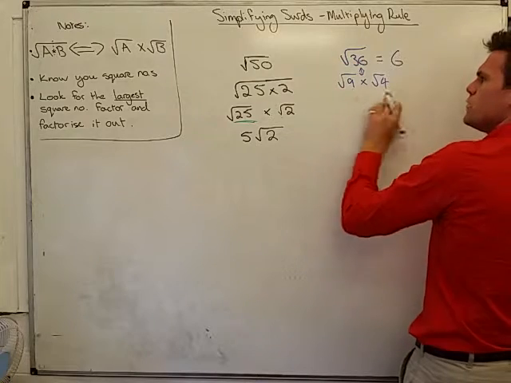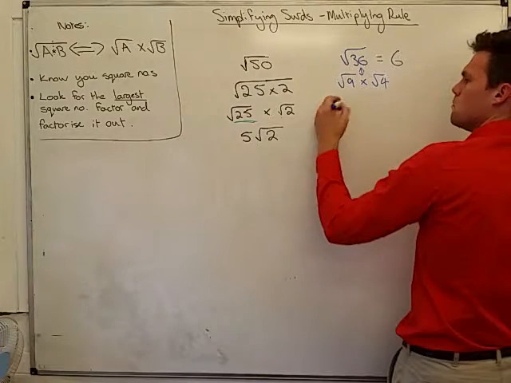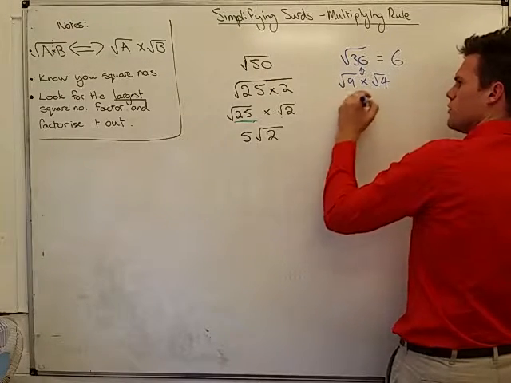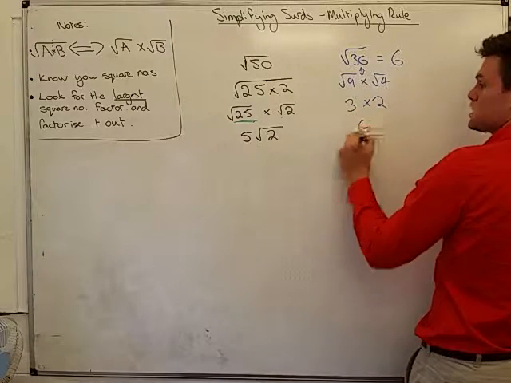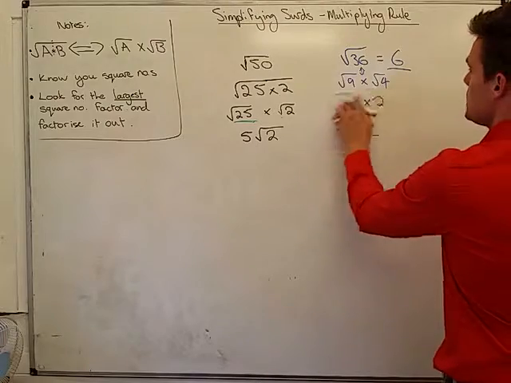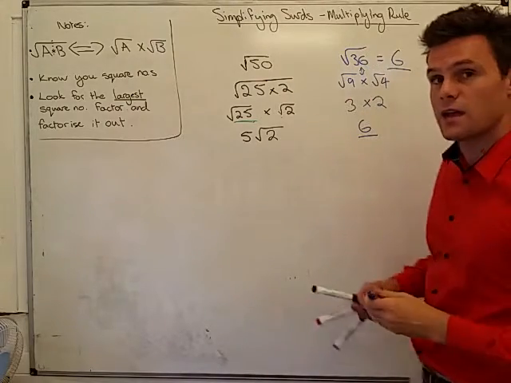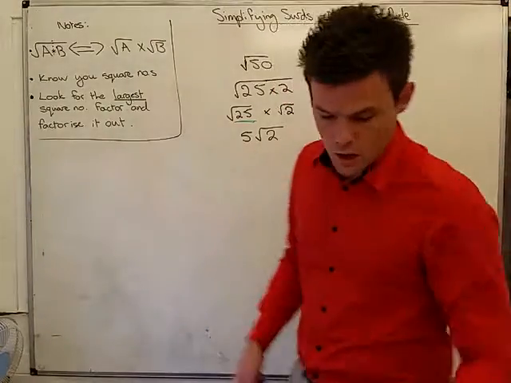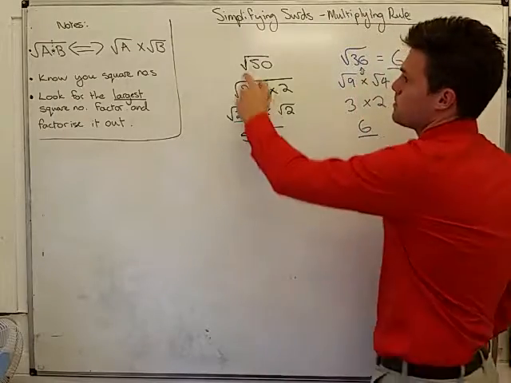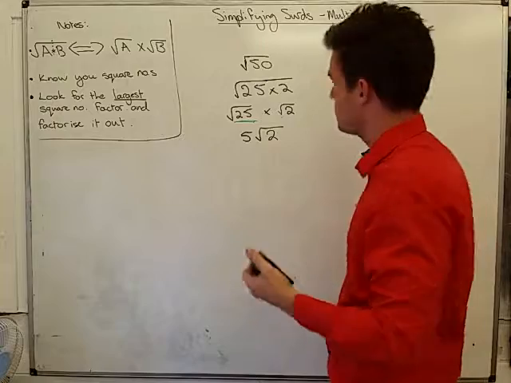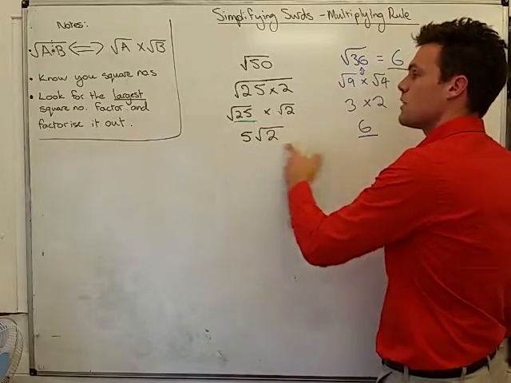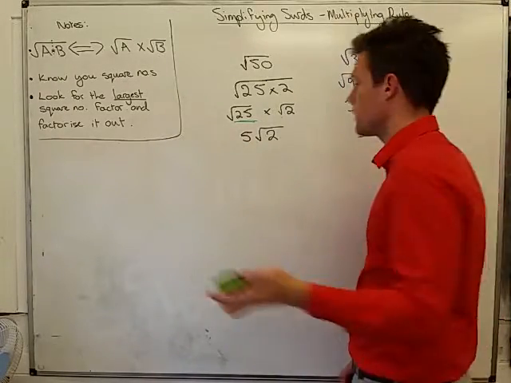Root 9 is 3, root 4 is 2, and what's 3 times 2? 6. So splitting this up doesn't change the value of my surd at all. You can verify that pretty easily with a calculator. By typing in root 50, you'll get 7.071, and if you type in 5 root 2, you'll get the same answer.